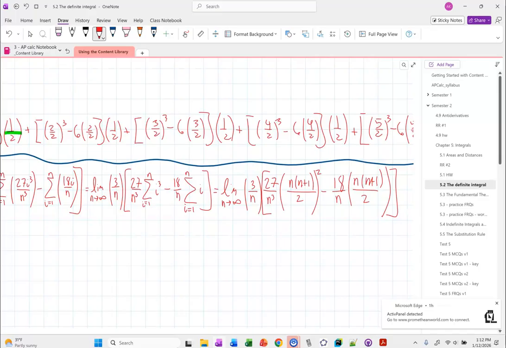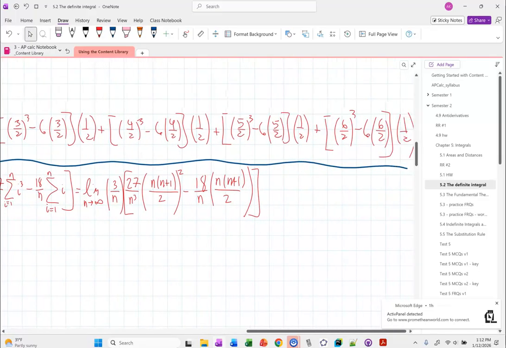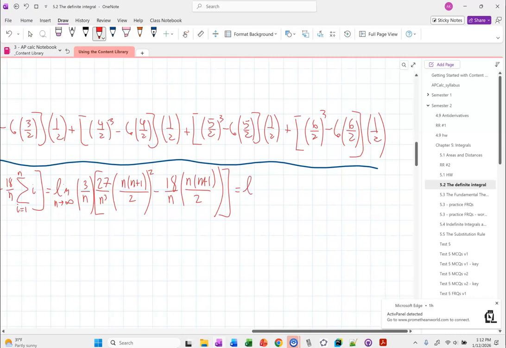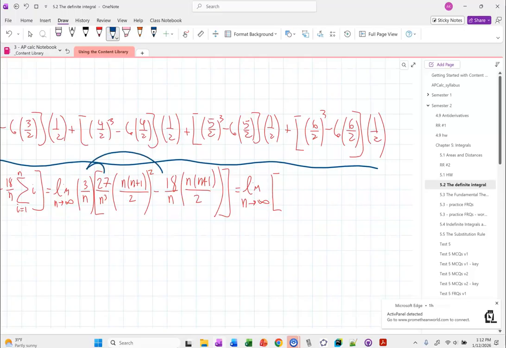Notice that all the i's are gone now. The only parameter left in this is n, which is what my limit is to. So let's just do a little bit of light cleanup here, and then we'll evaluate our limit. So this guy can now distribute through to both places, right? So I'm going to have an 81 over n to the fourth, and then a 2 squared.